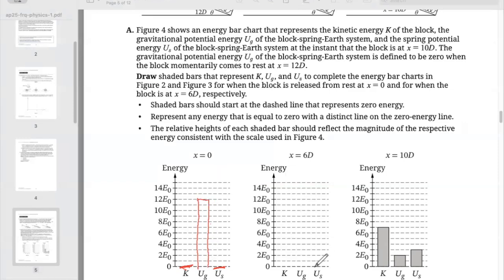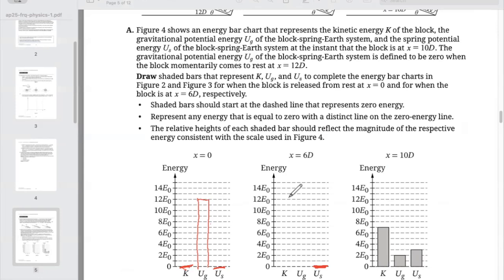At x equal to 6D, you still have no spring potential energy, that's the term. To figure out the speed at 6D, it's not going to be equal to the speed at 10D if I'm recalling correctly. Let's see.